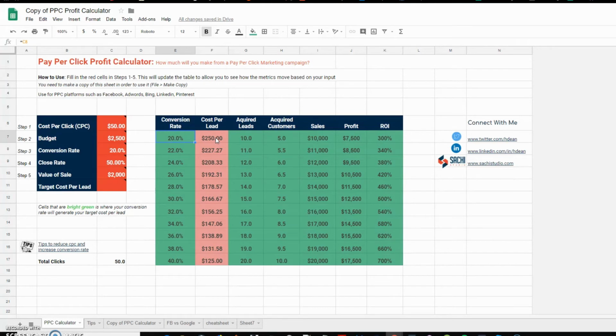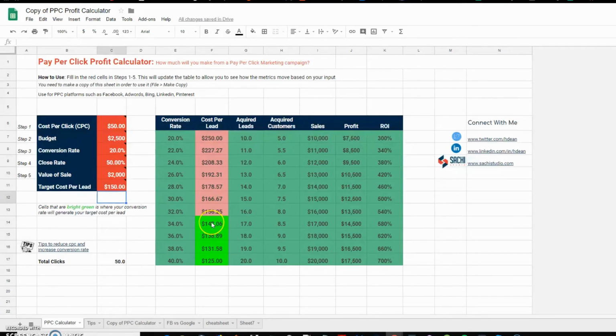What if I only want to pay $150 max per lead? If I'm only willing to pay $150 max per lead, what conversion rate do I need to accomplish in order to achieve that $150 CPL? So I'll put $150 here.